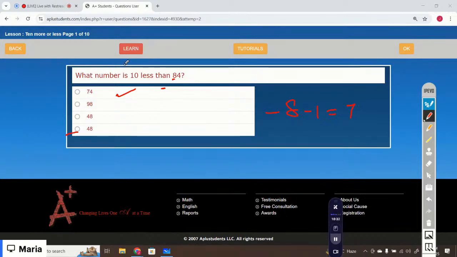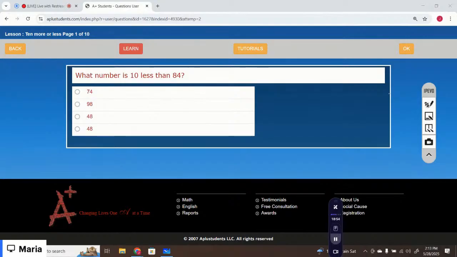Option number 1 is the correct option. So 10 less than 84 is 74. Option number 1 is the correct option.